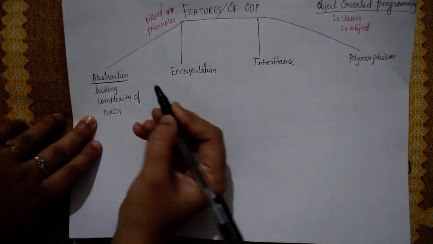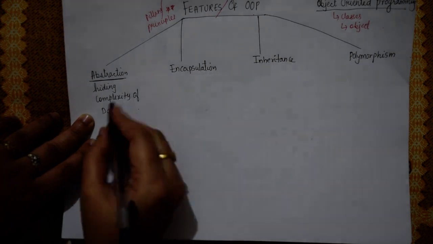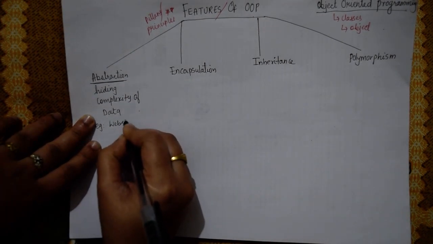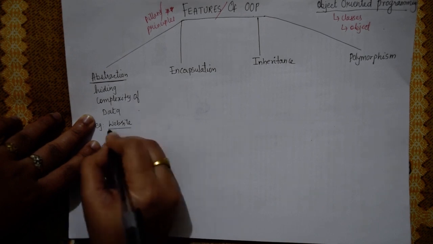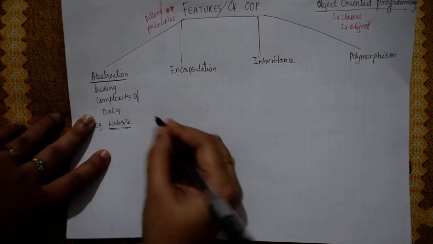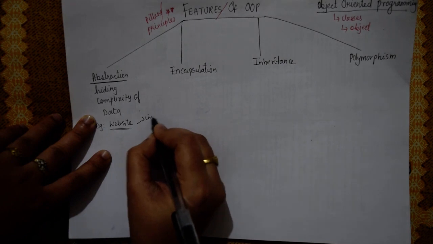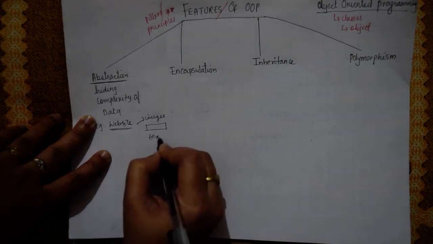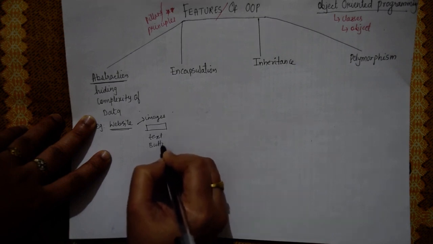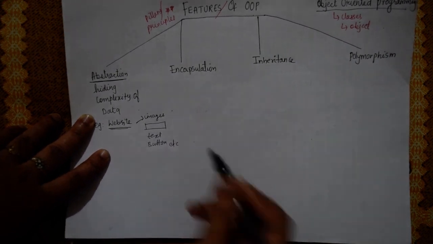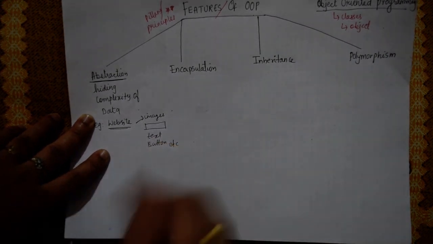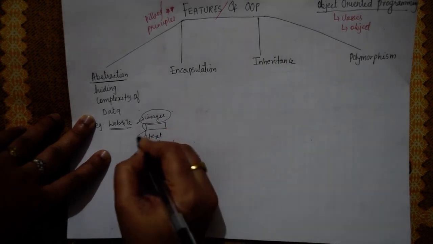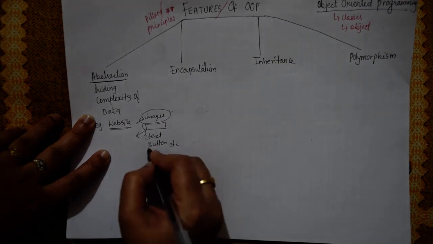Okay, so we can take the example of a website. Whenever you open any website, what you see is different images, text fields, text, buttons, etc. Correct? And you don't need to know from where the images are coming, where your data is getting stored, how the page is changing, how the color is changing.